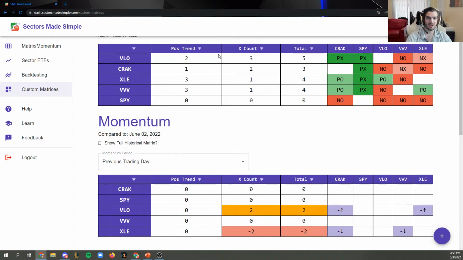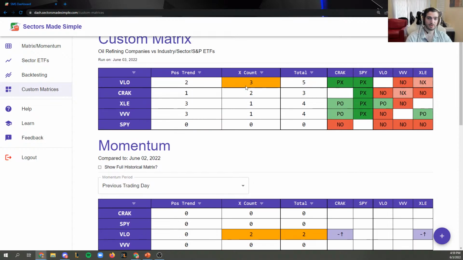So what we're seeing is this number went from 1 to 3 and is gaining that short-term strength quickly. That is the value of tracking these custom matrices over time, finding a group of companies, sectors, and more that are interesting to you, and getting to update those charts daily to see how they change.